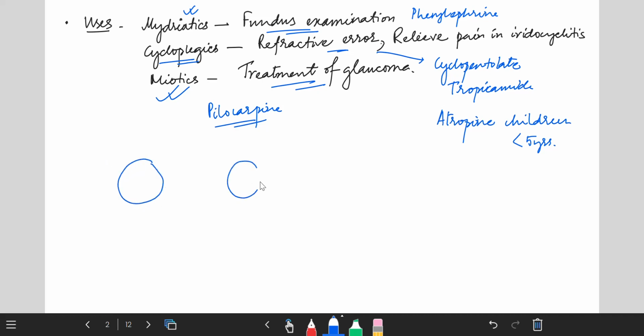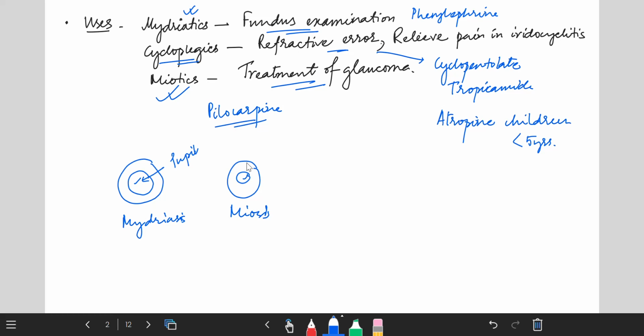Now, how do the conditions look? This is your mydriasis. This is miosis. This is the pupil. You can see here that pupillary dilation occurs in mydriasis and pupillary constriction occurs in miosis.